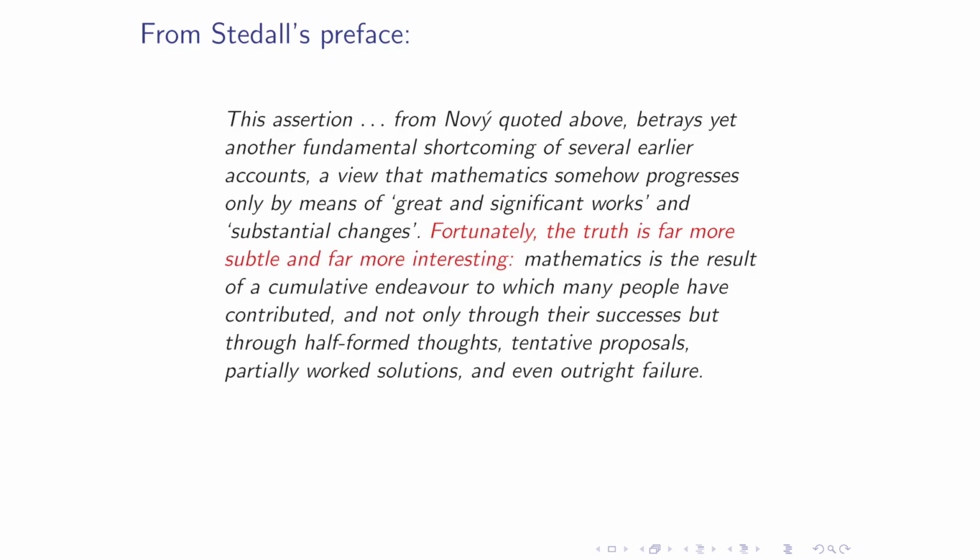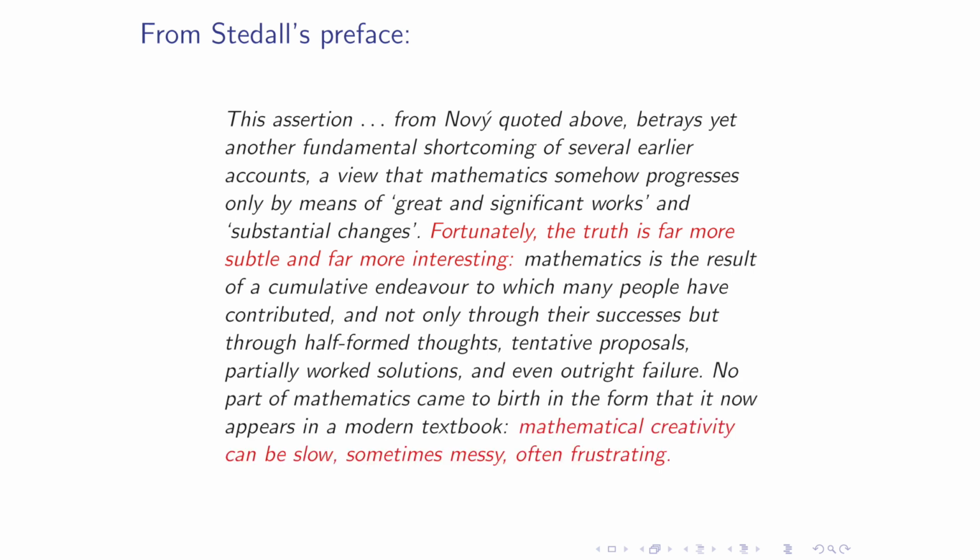Of course, we're interested in the more incremental changes as well. As she says, fortunately, the truth is more subtle and far more interesting. Mathematics is a cumulative endeavour, which was emphasised again and again in our classes the other week on the history of the calculus. Many people have contributed through half-formed thoughts, tentative proposals, partially worked solutions, and even outright failure.